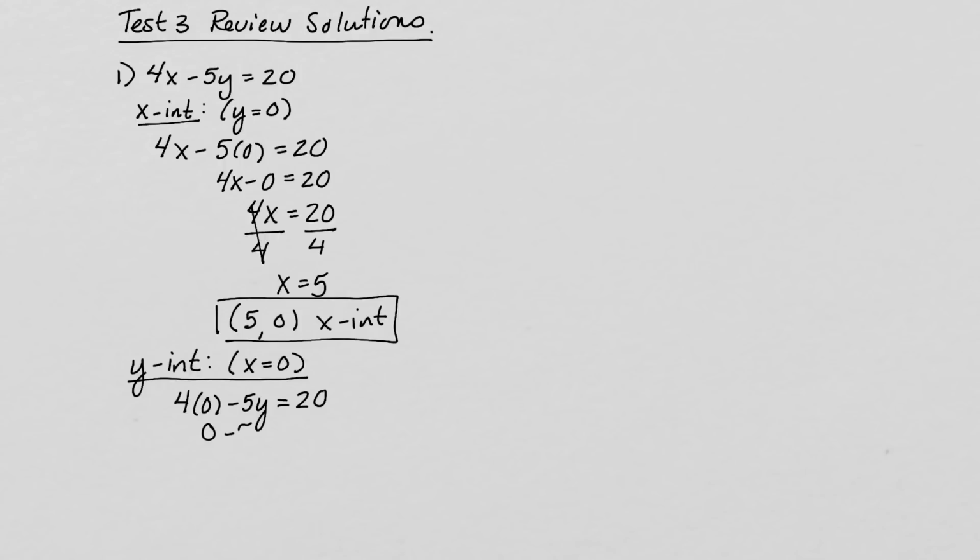So 0 minus 5y equals 20. Minus 5y equals 20. Divide both sides by negative 5. And y is going to be negative 4. So the y-intercept is the point 0 for the x, negative 4 for the y.